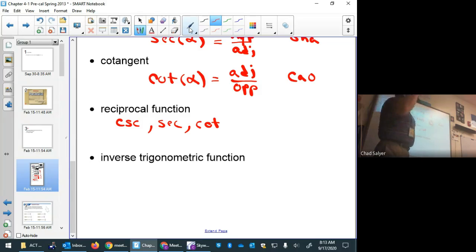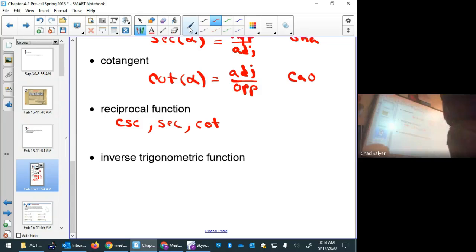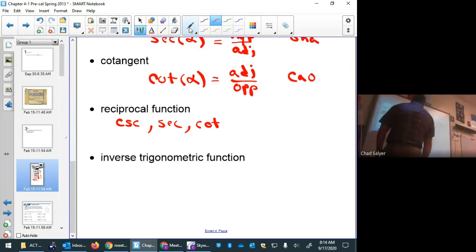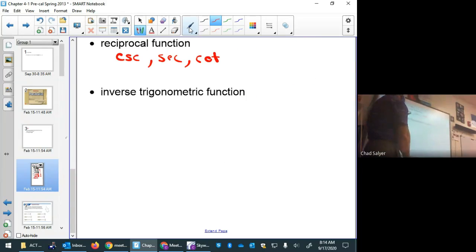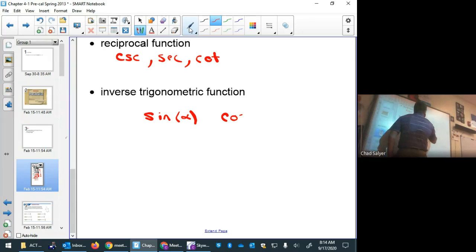Now the inverse trig function is a whole other ballgame. With respect to those first three, we'll have inverse trig functions that undo what the function does. So the reciprocal functions are these, but the inverse trig functions are different. You've got sine of alpha, cosine of alpha, and tangent of alpha.